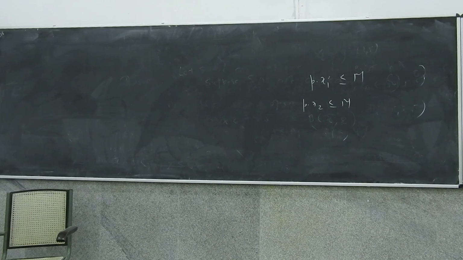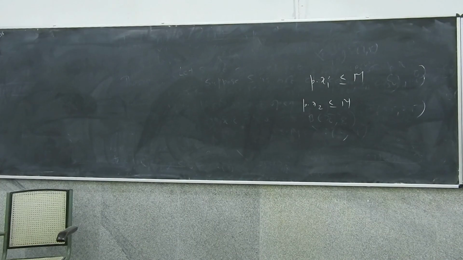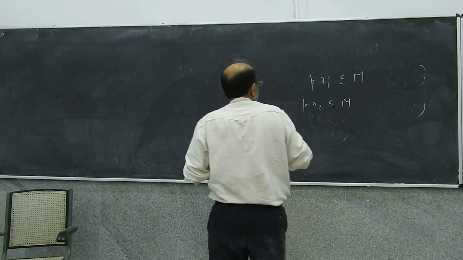If x1 is an affordable consumption bundle, by which we mean P dot x1 is less than or equal to M, and P dot x2 is less than or equal to M. We are really studying the properties of the budget sets, but we are doing it in a more formal mathematical way. So can you tell me any linear combination of x1 and x2 will also be affordable or not? Prove it formally.